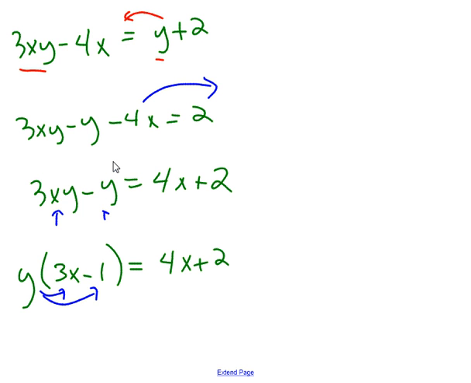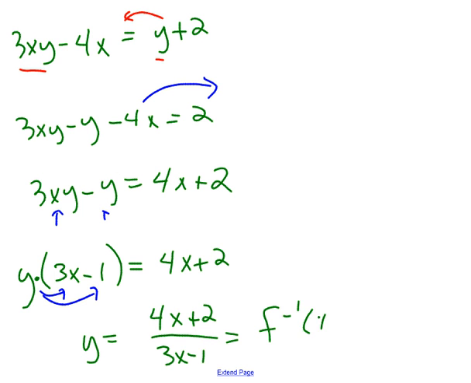And I do that distributing out so that now to get y alone, I have to break this connection right here. Y is multiplied by the quantity 3x minus 1. So to get y alone, I divide both sides by 3x minus 1. And that's my f inverse of x. That's about as tricky as we're going to get.